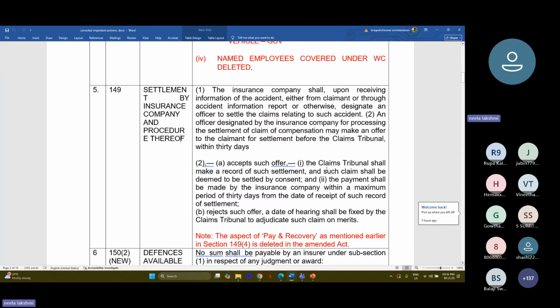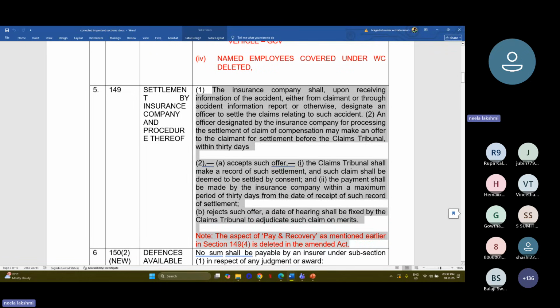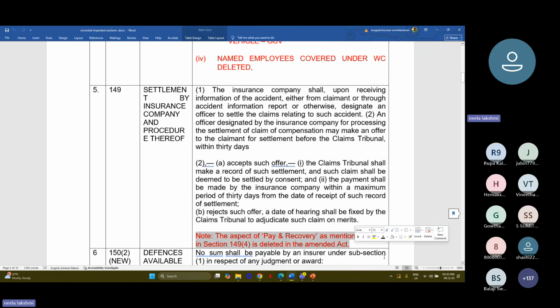Okay, here we have come back to our Section 149. For this explanation only, we went to that PPT slide. It is given here again in a detailed manner, whatever we saw there in the PPT form. Another point we should not miss is the aspect of pay and recovery.